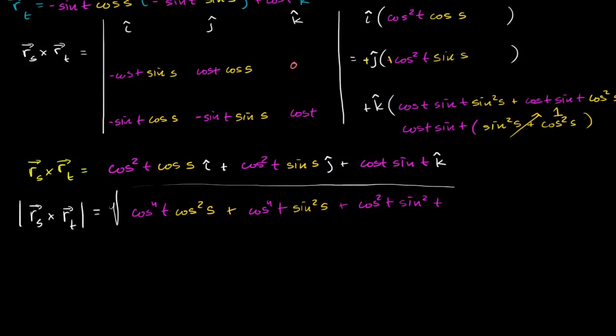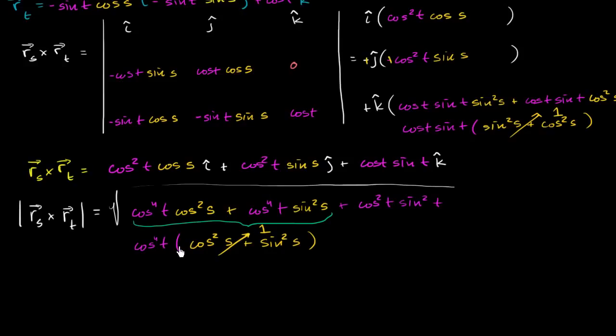If just this first part right over here, we can factor out a cosine to the fourth t, then we get something like this happening again. So let's do that. These first two terms are equal to cosine to the fourth t times cosine squared s plus sine squared s, which once again we know is just 1. So this whole expression is simplified to cosine to the fourth t plus cosine squared t sine squared t.